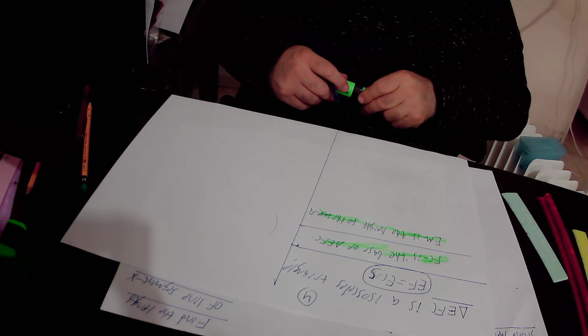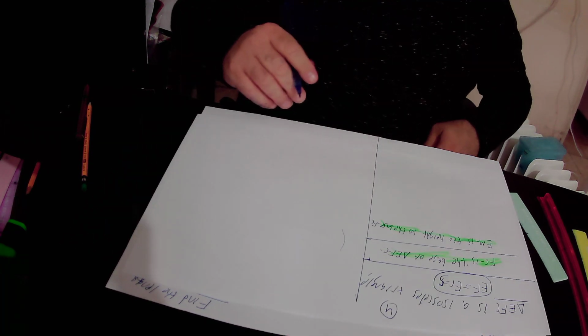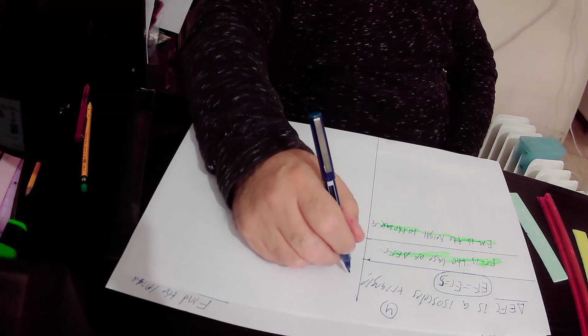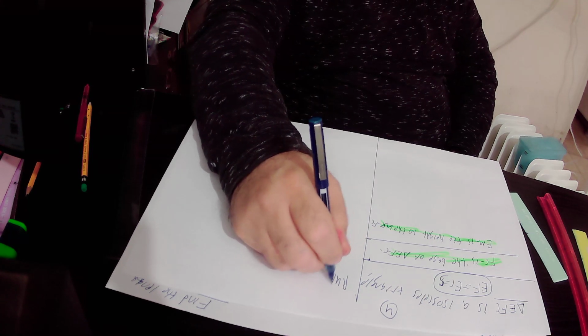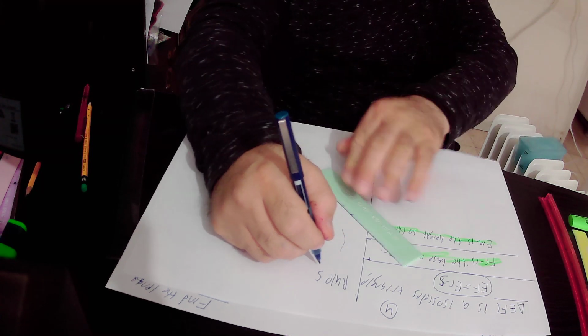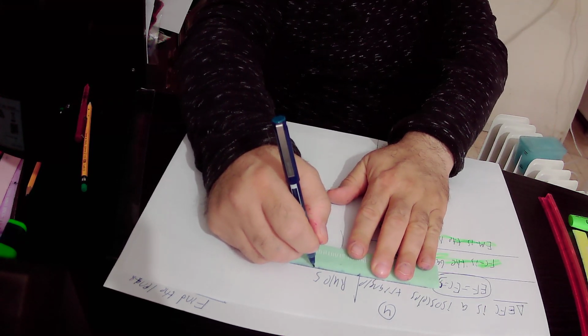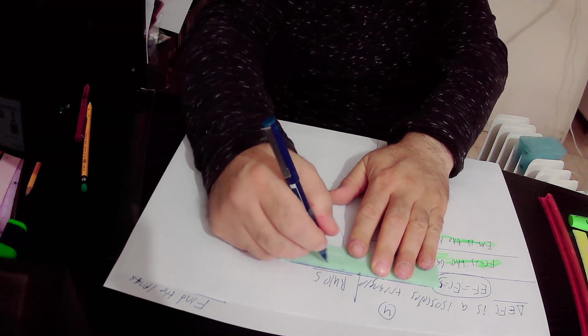And we have rule number 5. According to rule number 5, the height to the base in an isosceles triangle bisects the base. I will write it down.